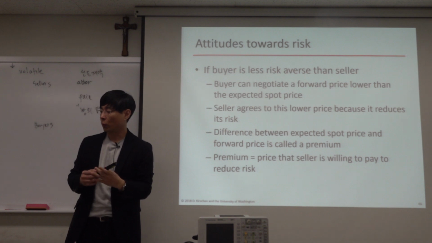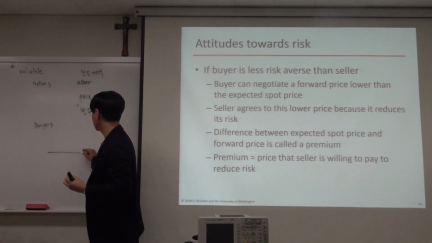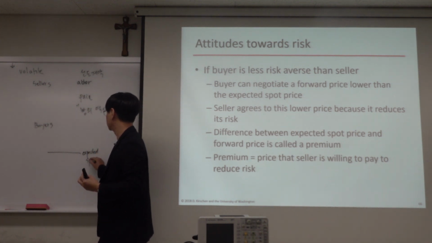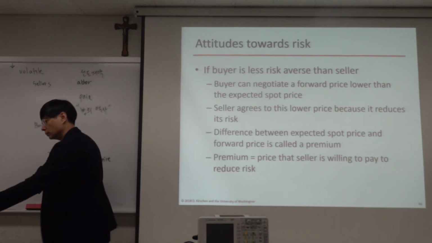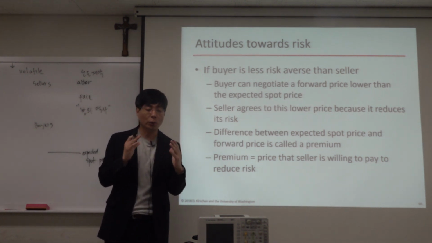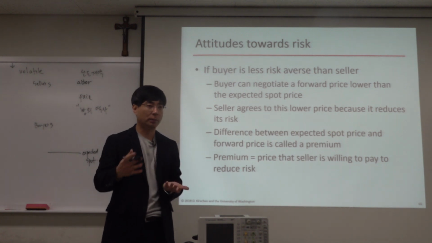So rather than this expected spot market price, the seller is conservative, so I don't want to make a big profit. That means I can sell it at a cheaper price.